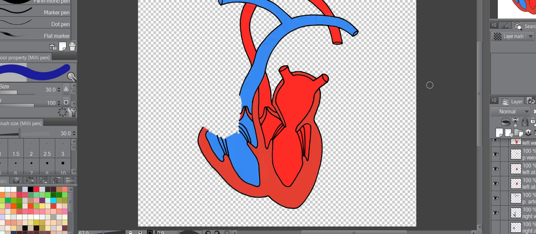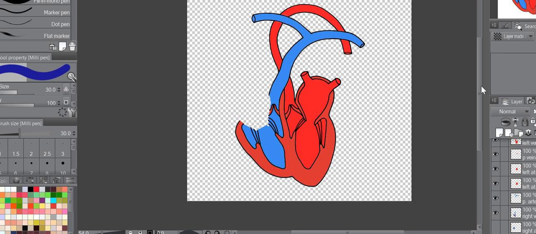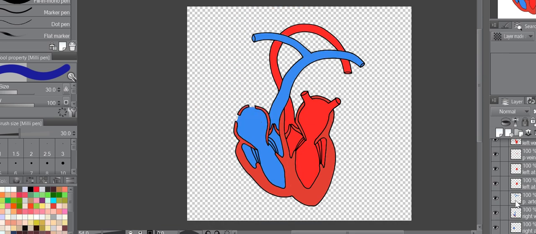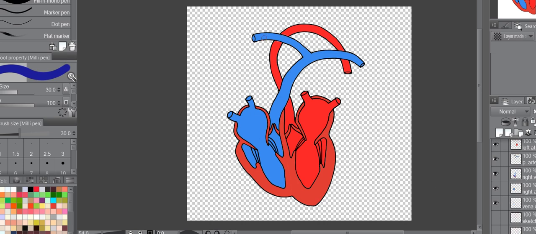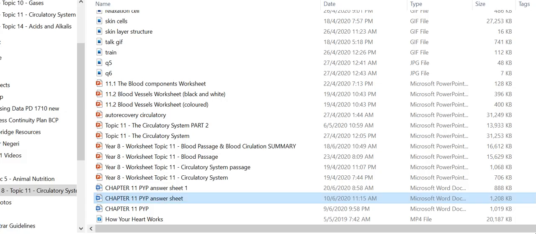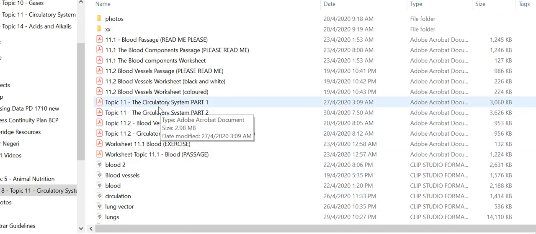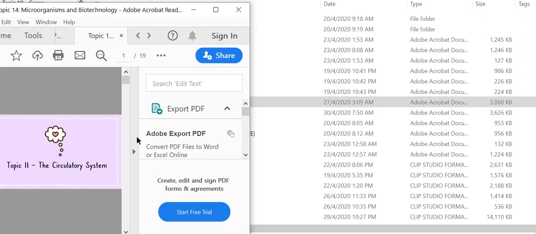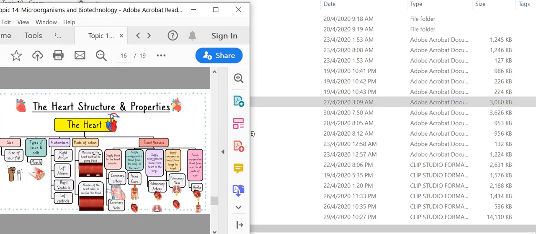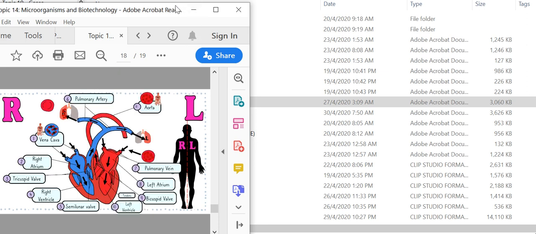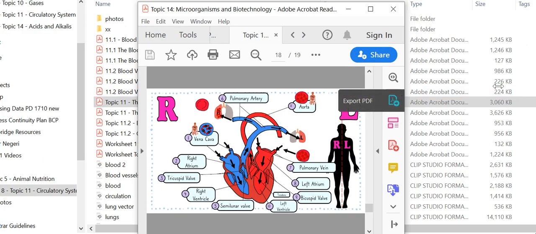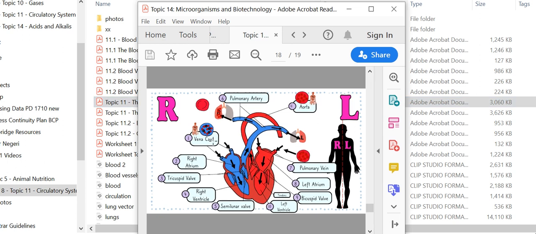I drew this part by part so that you can actually see this in the animation. So right here, this part is a vena cava, but it's better for me to just look for your side. Is it part 1 or part 2? So this one, parts of the heart. Yeah, that's right, got it. Okay, so you can see here is the vena cava, and it is on the right hand side of your heart.